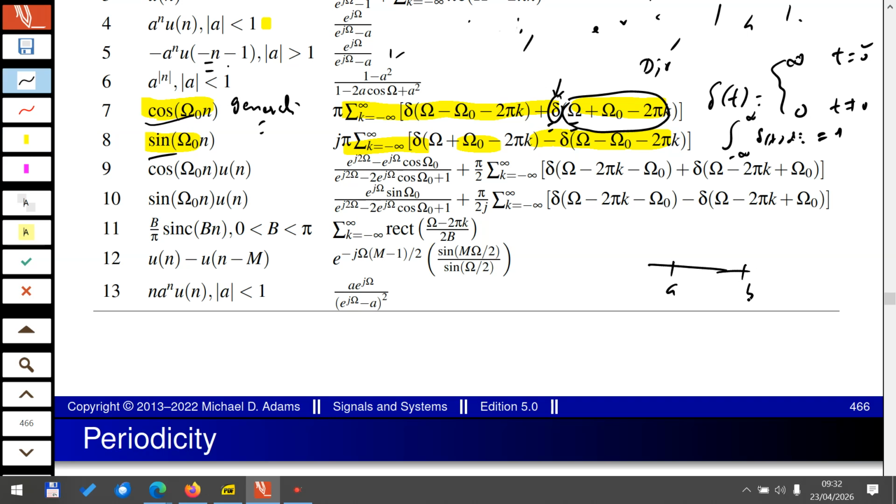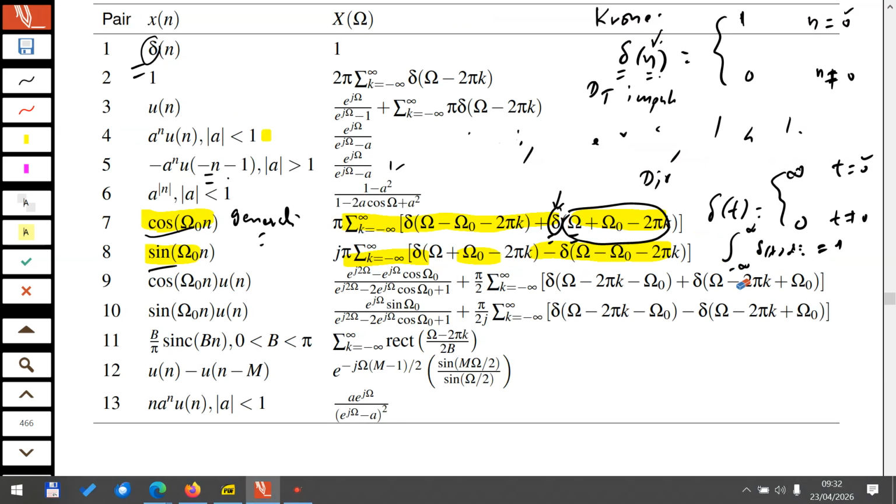It started at A and it went till B. Which example is similar to that? Very similar, I would say. The 12th one, exponential and sum. The 12th one, right? So that it starts with 0 because it's n minus 0 and it's n minus m.